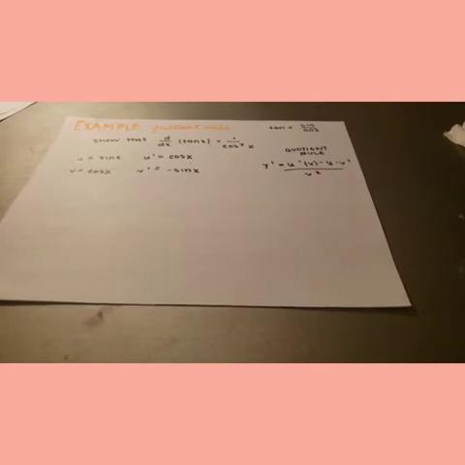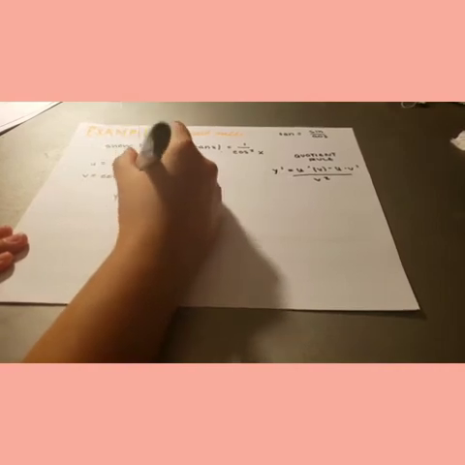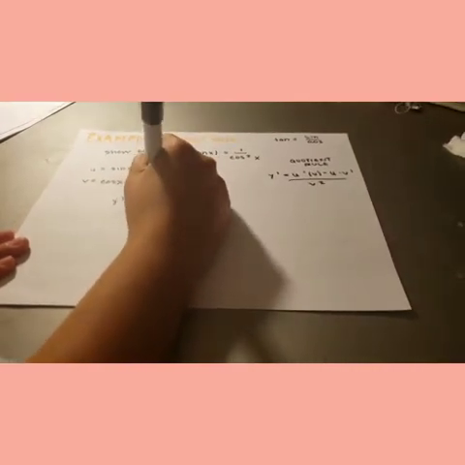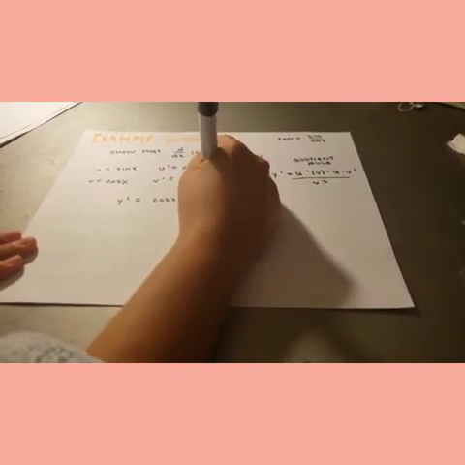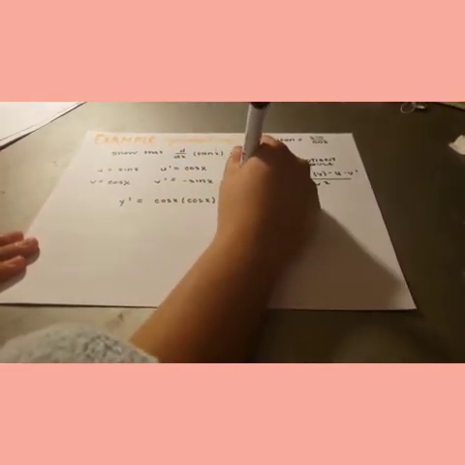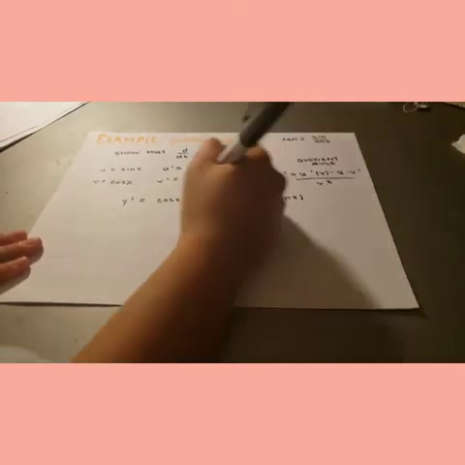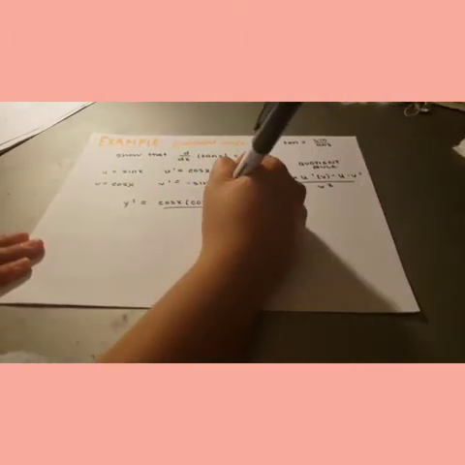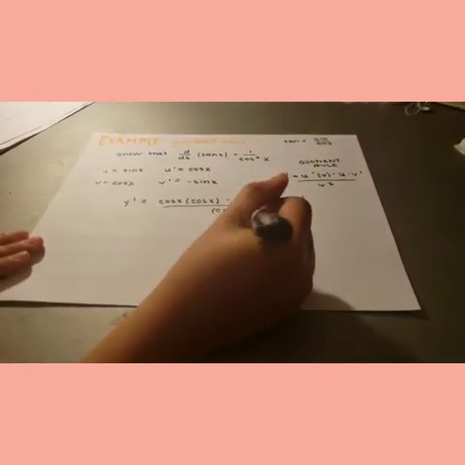So now we're just going to plug in our values into the quotient rule. So y prime is equal to cosine x times cosine x minus sine x times negative sine x, all over cosine x squared. And remember, the argument is squared.